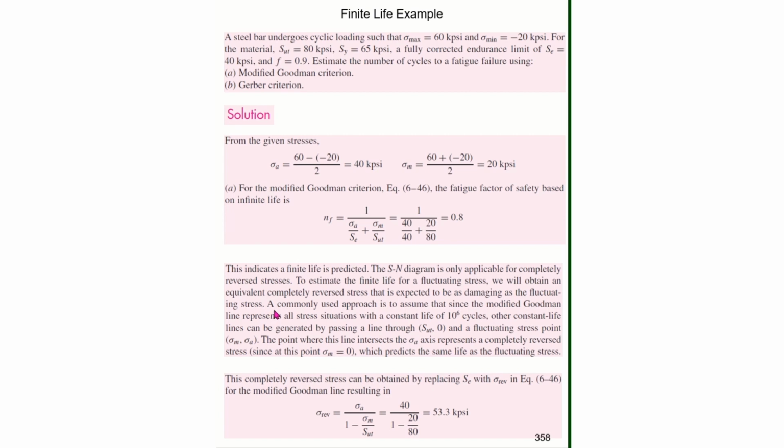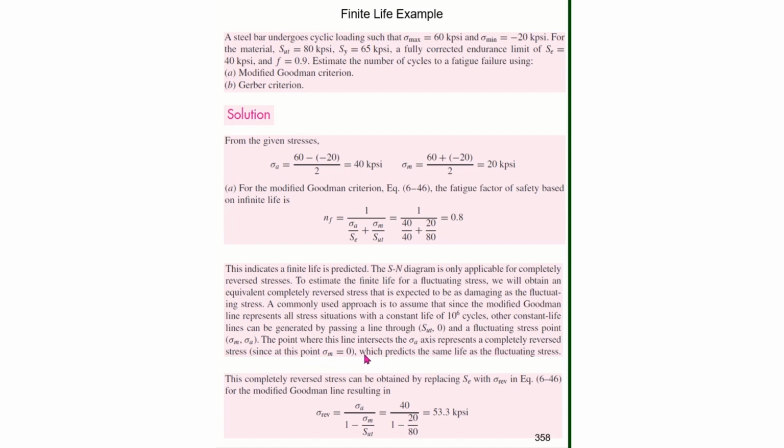A commonly used approach is to assume that since the modified Goodman line represents all stress situations with a constant life of 10 to the 6th cycles, other constant life lines can be generated by passing a line through SUT, 0, and a fluctuating stress point, sigma M, sigma A. The point where this line intersects the sigma A axis represents a completely reversed stress, since at this point sigma M equals 0.